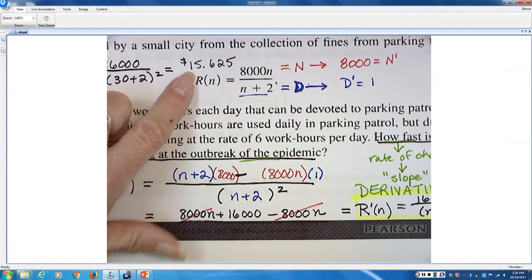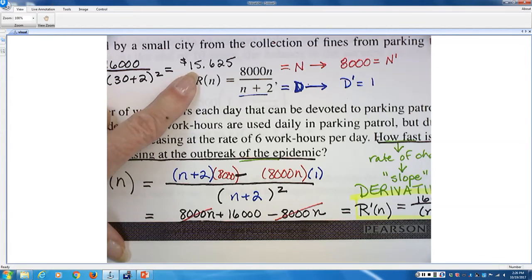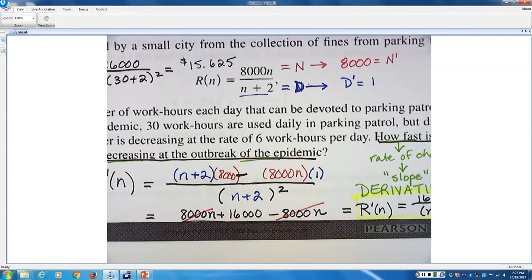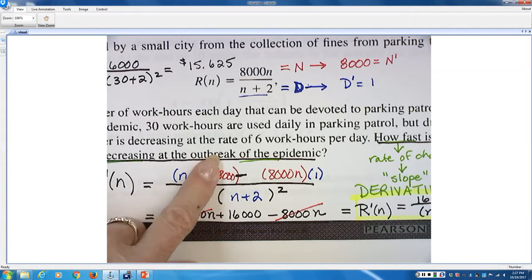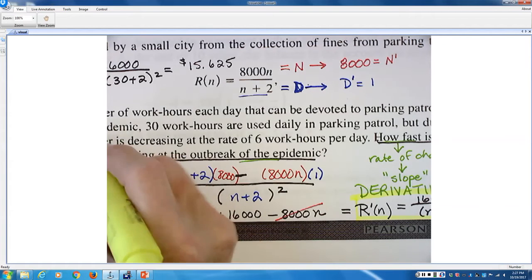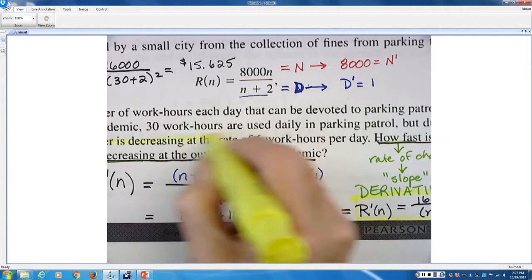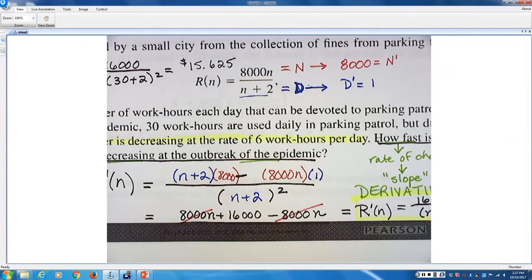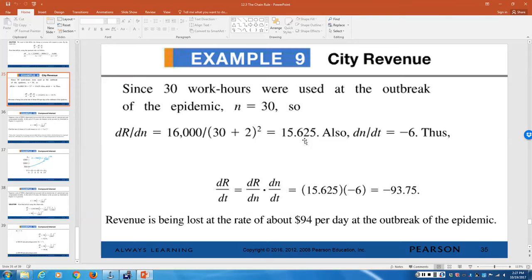So it was decreasing from this beginning point, and then it says that during the epidemic, the number is decreasing at the rate of 6 work hours a day. And since this is the cost of one day, this is $15.63 per day, because remember, this is a derivative.